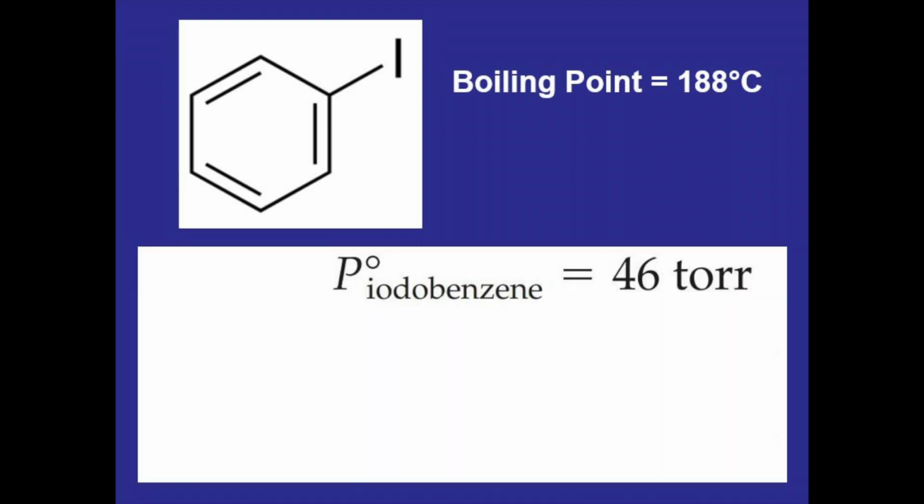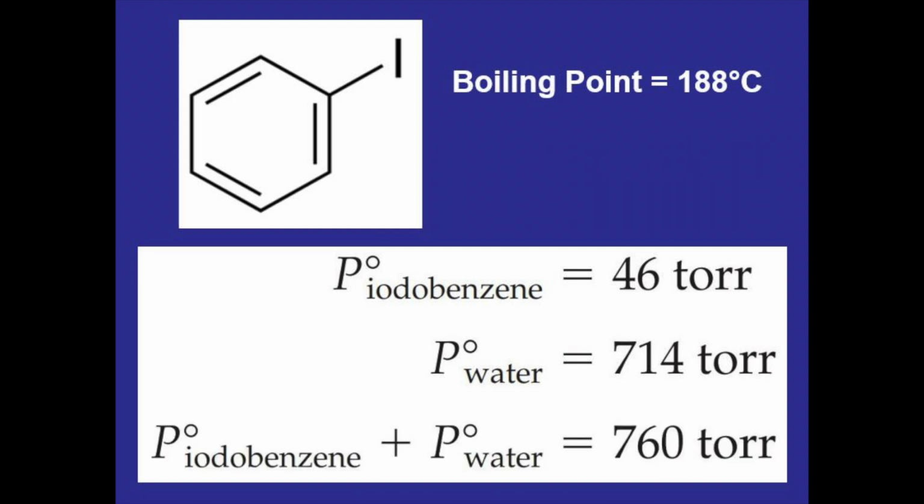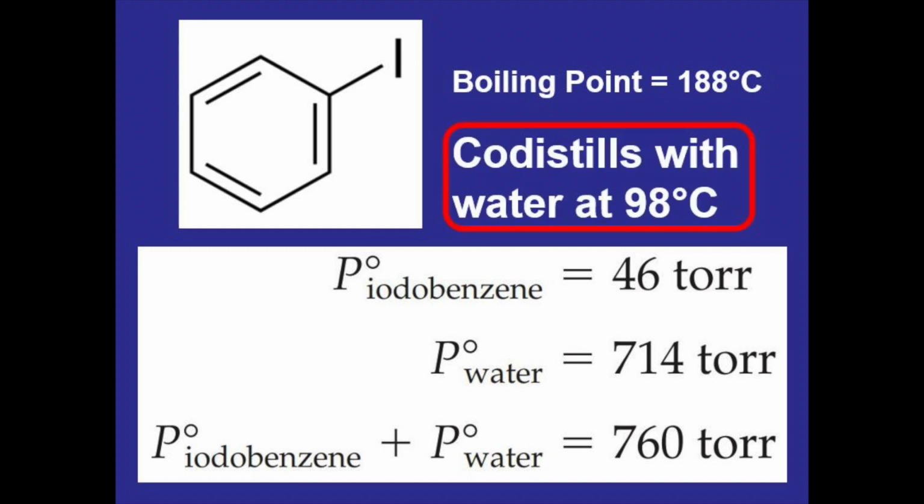Its vapor pressure at 98 degrees Celsius is 46 torr, and the vapor pressure of water at 98 degrees Celsius is 714 torr. Together, those add up to 760 torr, which is equal to the atmospheric pressure. So this compound will co-distill with water at 98 degrees Celsius rather than its usual boiling point of 188.